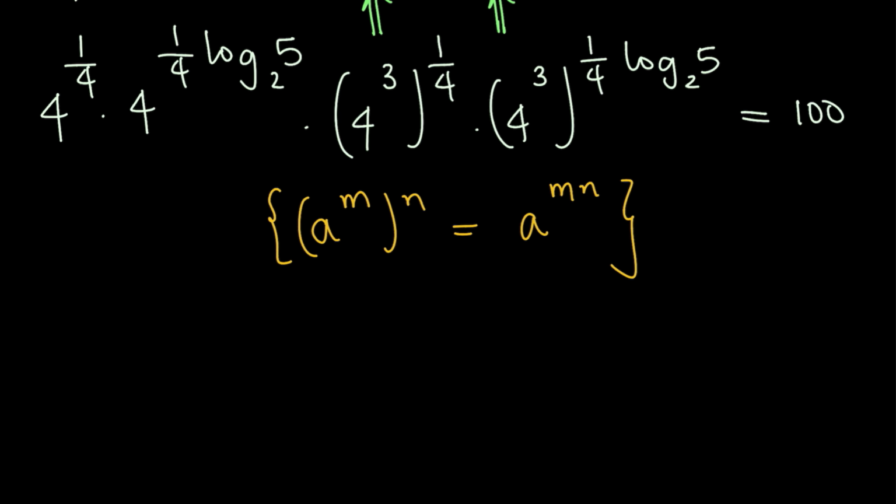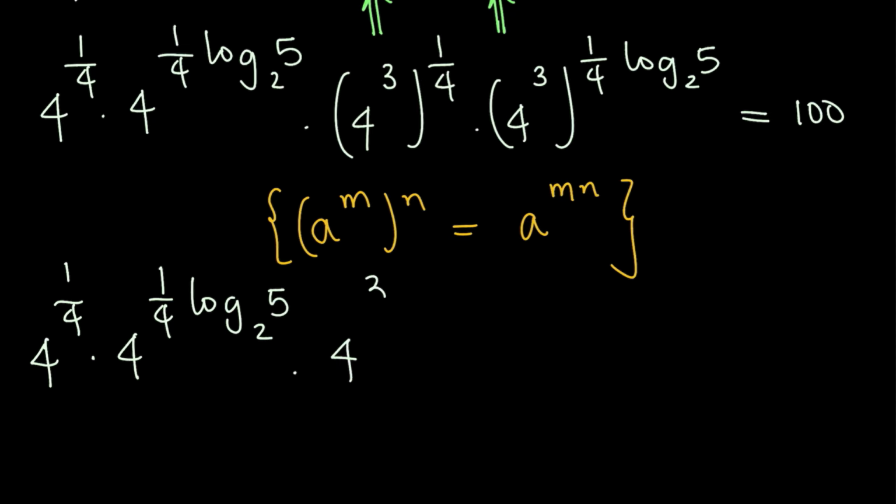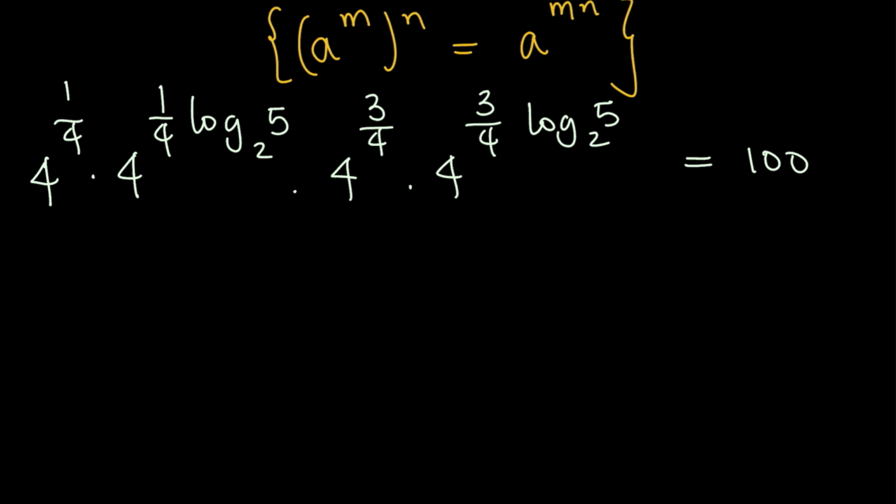giving us 4 raised to power 1 over 4 times 4 raised to power 1 over 4 log 5 base 2. So this will be 4 raised to power 3 over 4 times 4 raised to power 3 over 4 log 5 base 2 is equal to 100. Now let's bring them together.